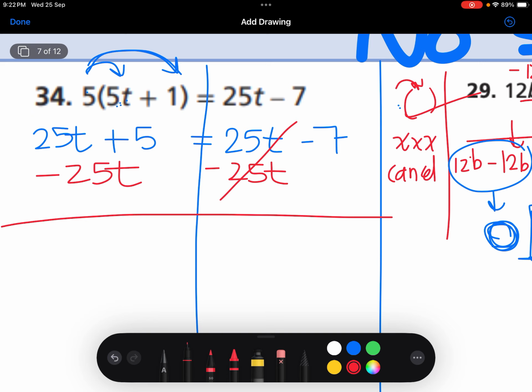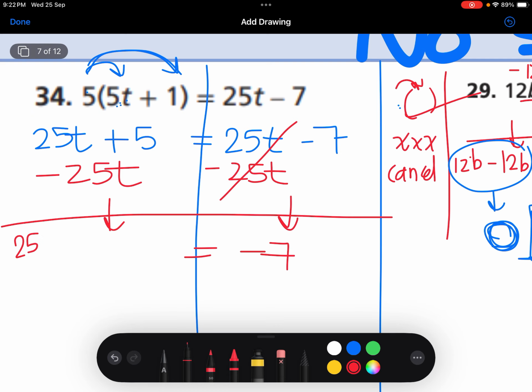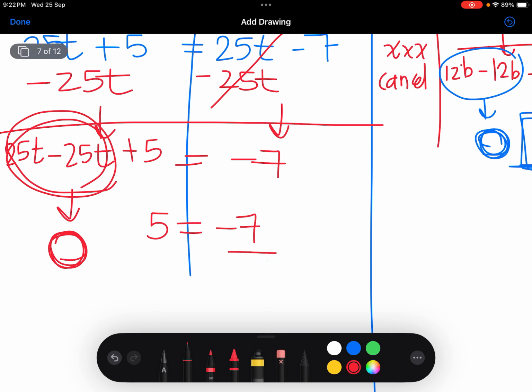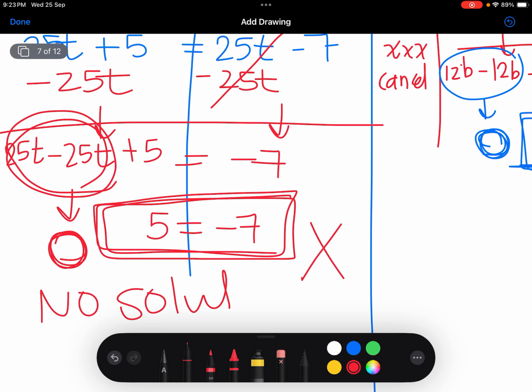What do we have? Here, negative 7 equals here, 25t minus 25t plus 5. 25t minus 25t is 0. Yalla, 5 equals negative 7. Is that correct? No, it's not. Then it's a no solution. It's very simple, banat.